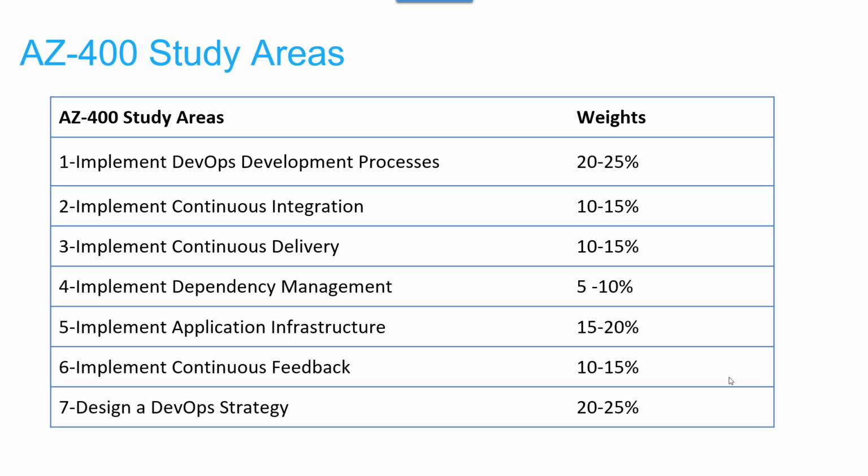Then implementing dependency management, 5 to 10. Implement application infrastructure, 15 to 20. Implement continuous feedback, 10 to 15. Then design a DevOps strategy, which is around 20 to 25. So let's see the material for studying and preparation.